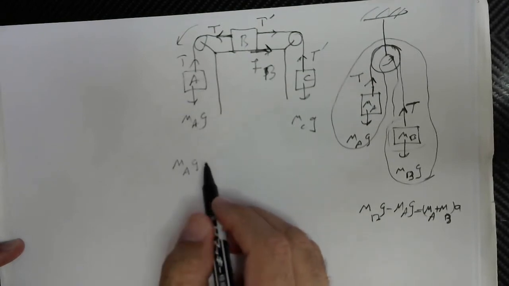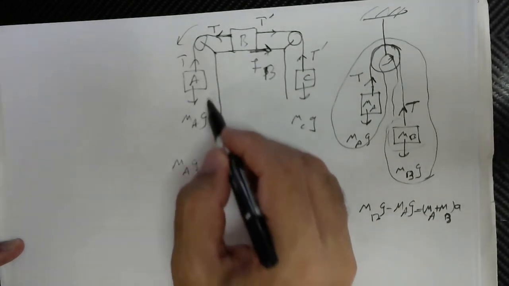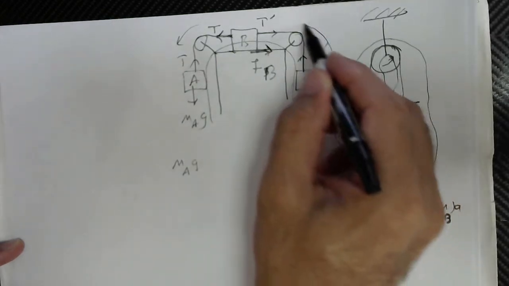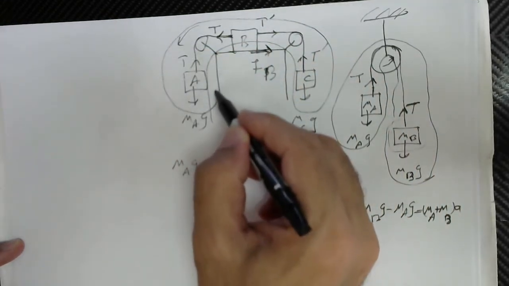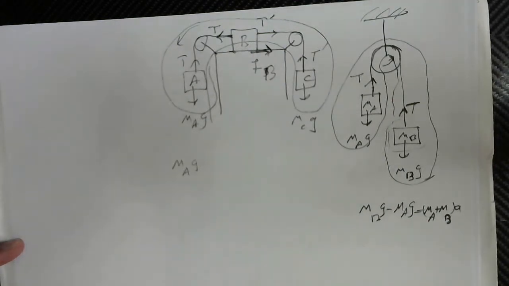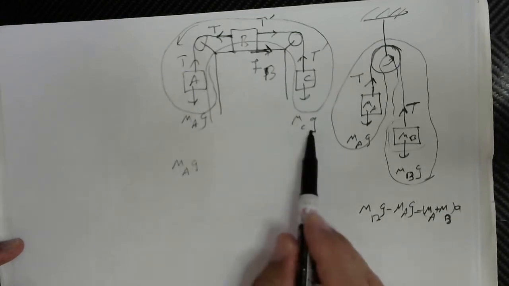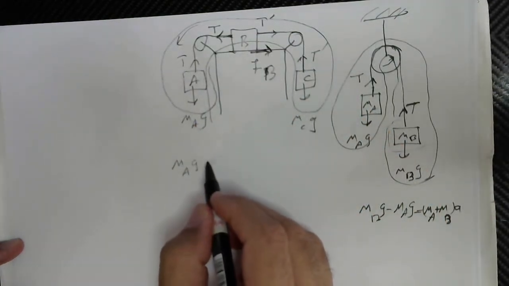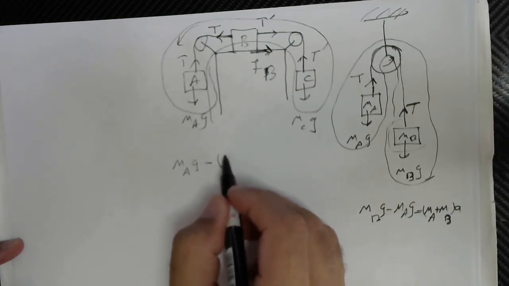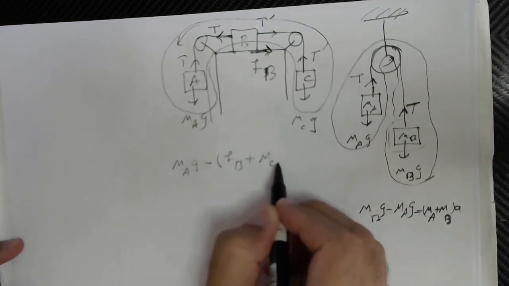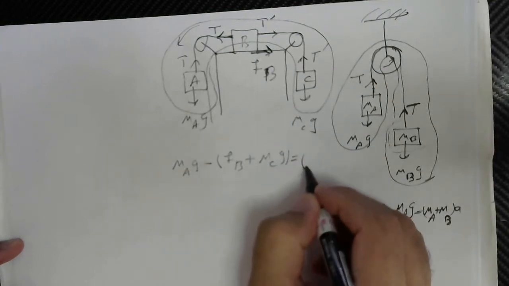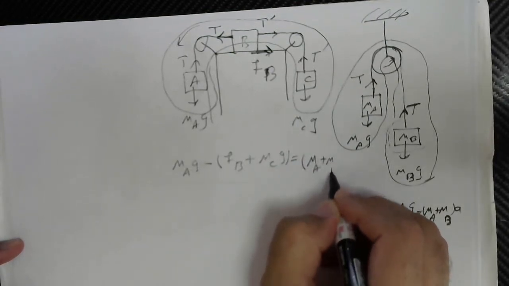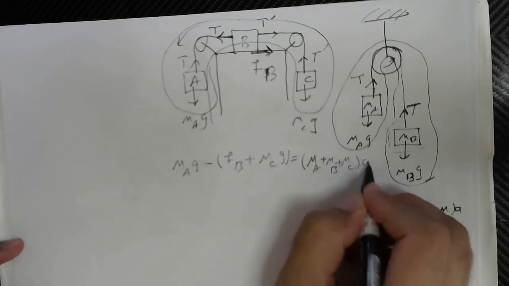If you consider the whole thing as a system, therefore MAG, this friction, are our external forces, but the tension becomes an internal force. So MAG minus FB plus MCG is equal to MA plus MB plus MC times A.